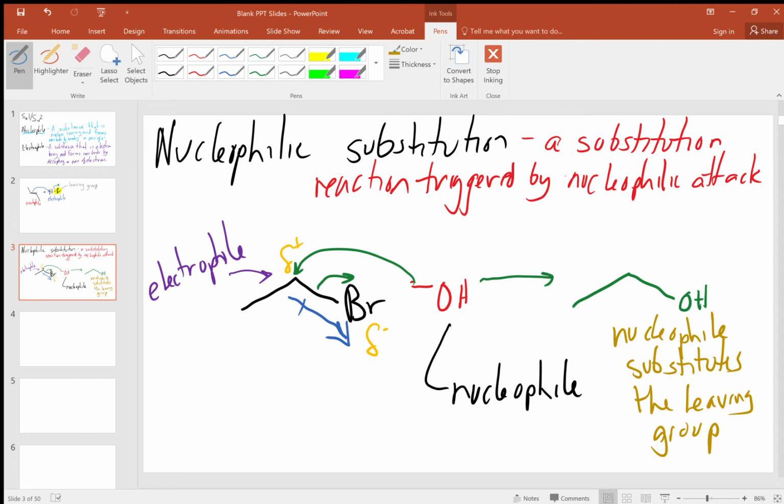Yes, I suppose in theory it does. But the fact is, when we look at organic reactions, a lot of times the inorganic byproducts, such as Br minus here, it's not necessary to draw them in. And the reason for that is actually fairly complicated.